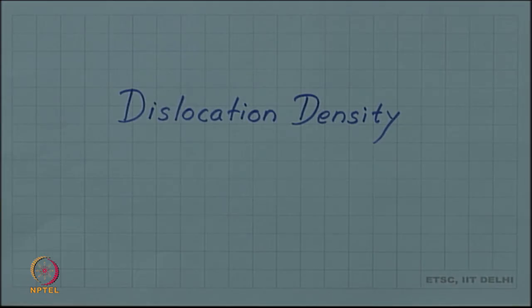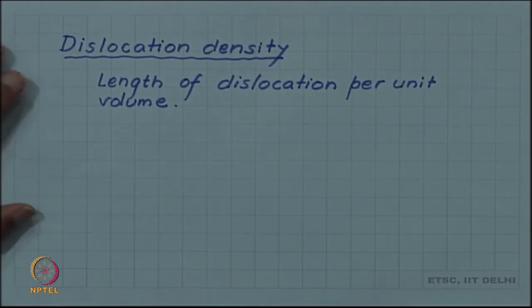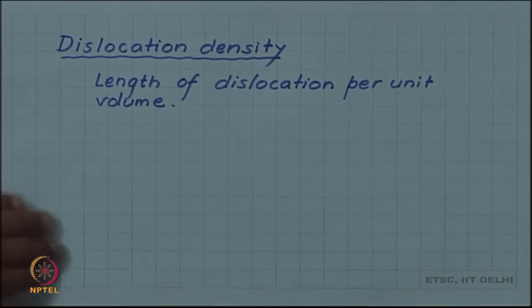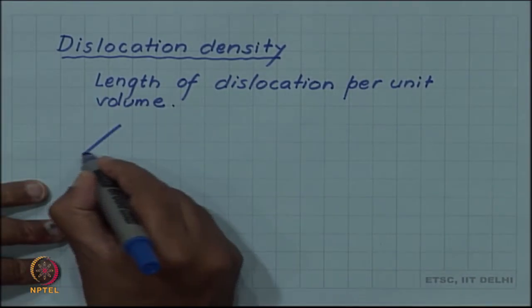Let us look at dislocation density. Dislocation density is defined as length of dislocation per unit volume of the material.